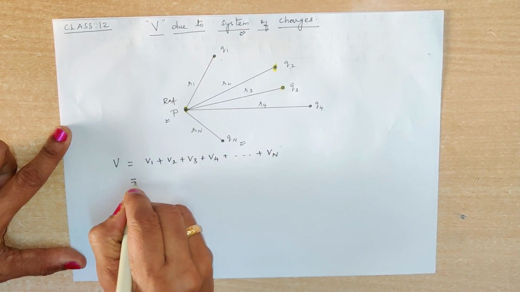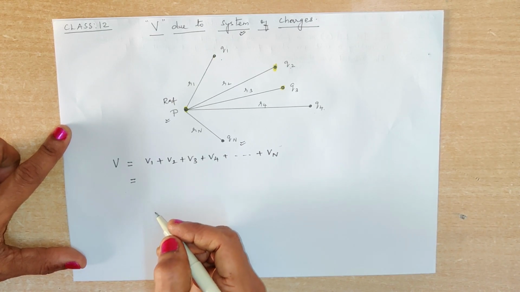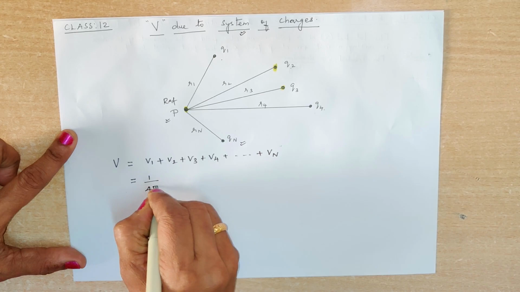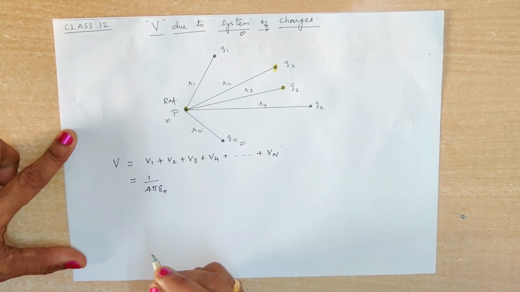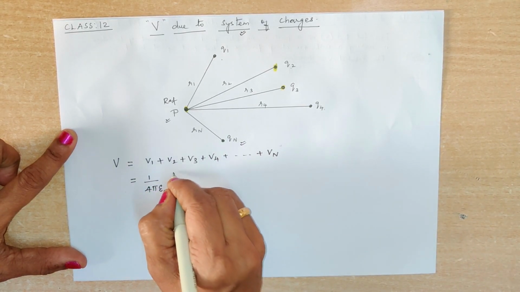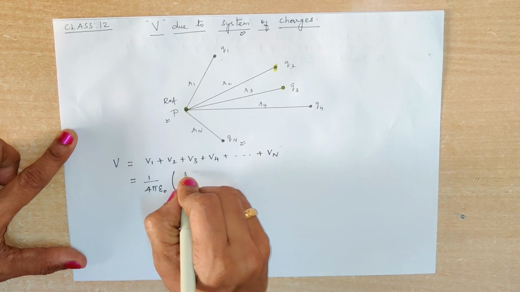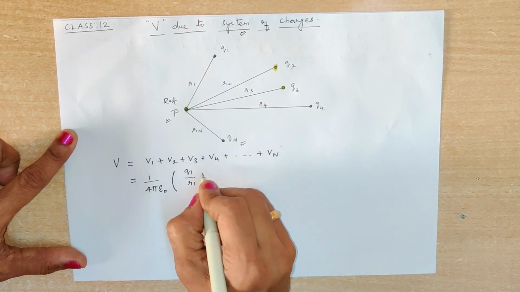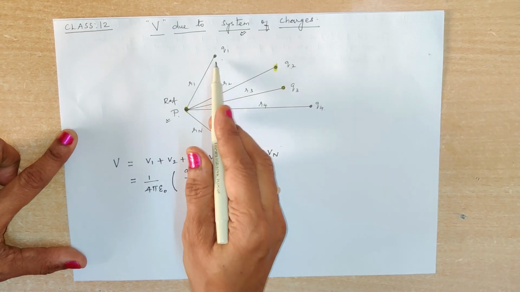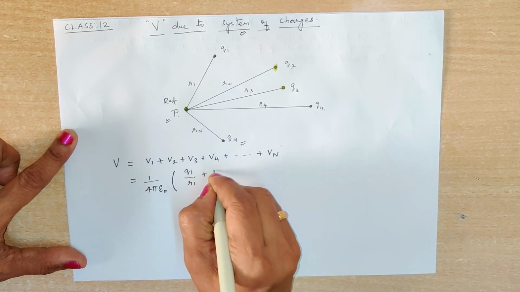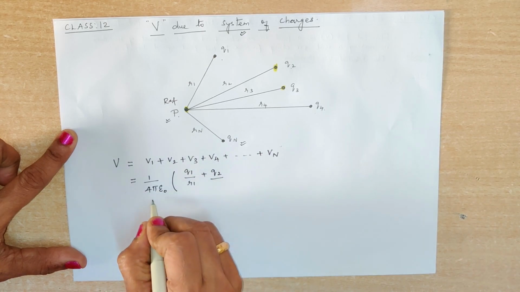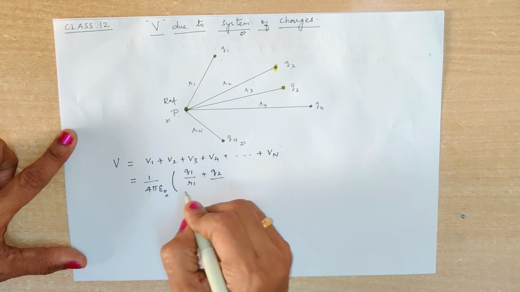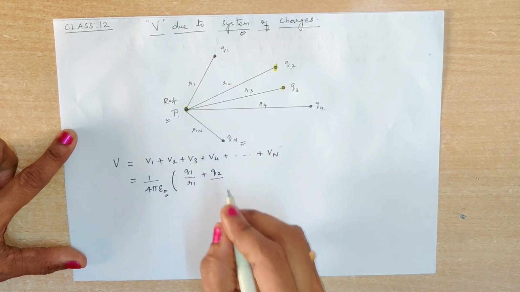And in all this, we can write the common term, 1 by 4 pi epsilon 0, which is going to be there. Am I right? Taking this outside the bracket, we can write Q1 by R1, the distance of point P from charge 1. For V2, having taken the common term 1 by 4 pi epsilon 0 outside, inside the bracket we write only the terms which are different.